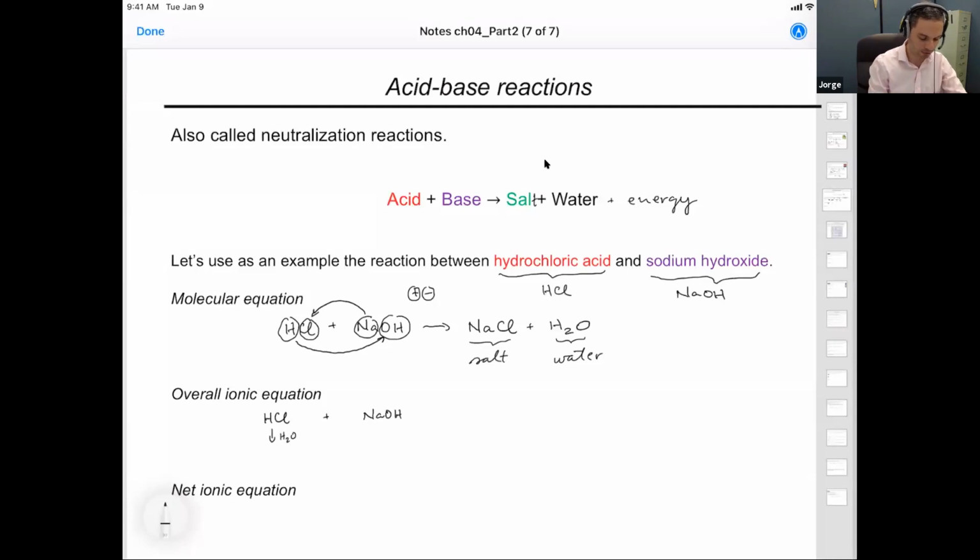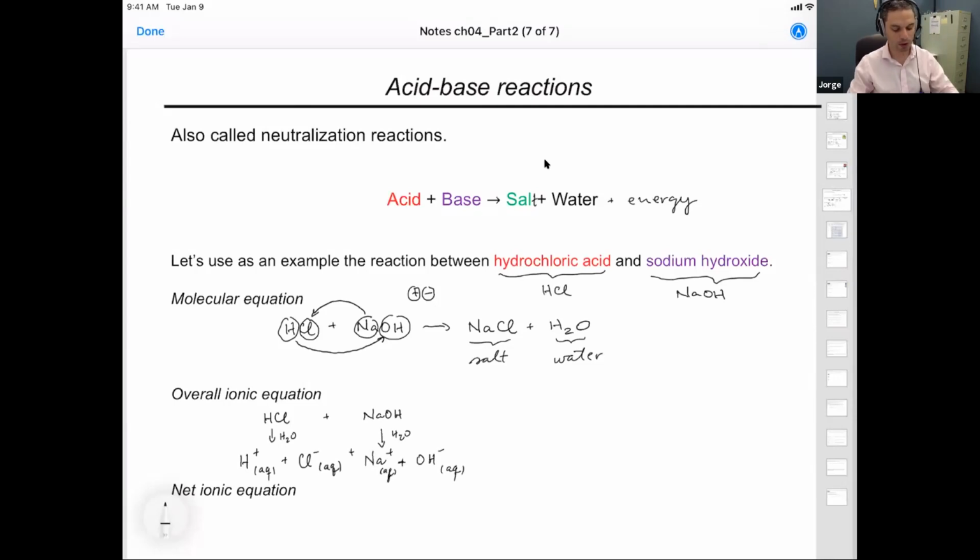Every time we dissolve HCl in water, we are going to produce H+ (aq) and Cl- (aq). And we are going to do the same thing for sodium hydroxide. Let's dissolve this compound in water. That's going to form Na+ (aq) and hydroxyl OH- (aq) as well.